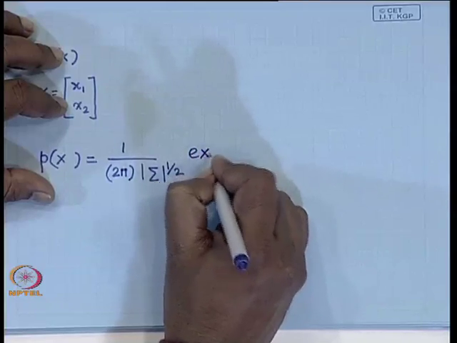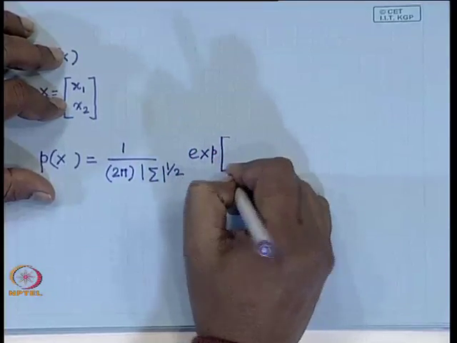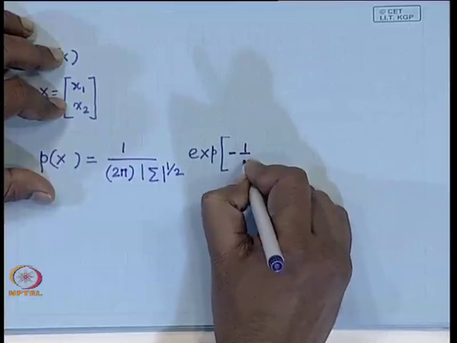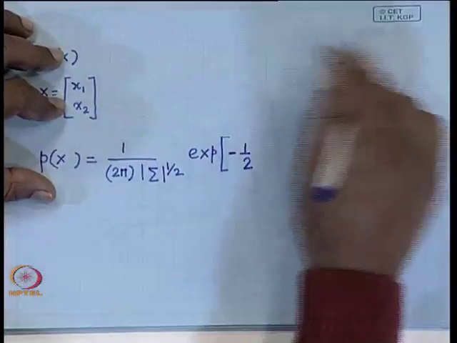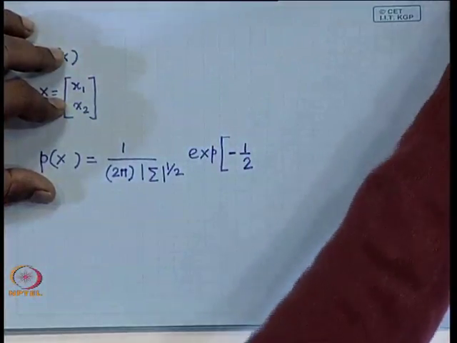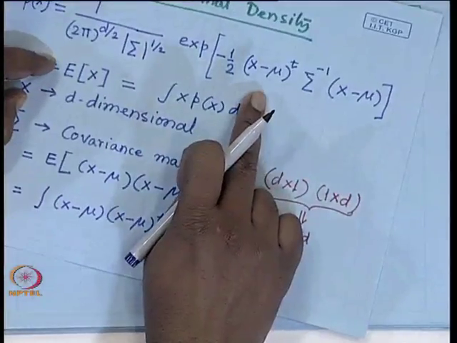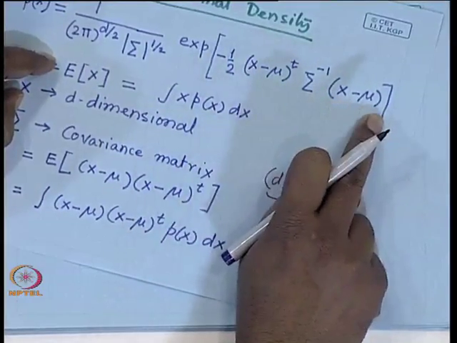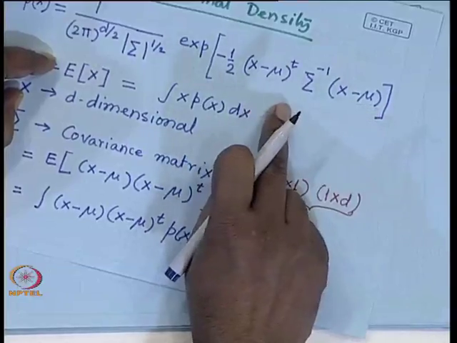So, this into exponent of again minus half, then this term, x minus mu transpose sigma inverse into x minus mu.